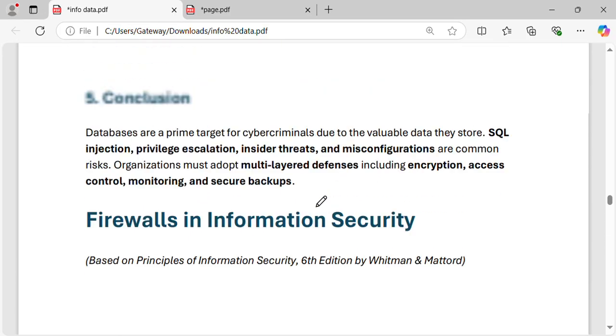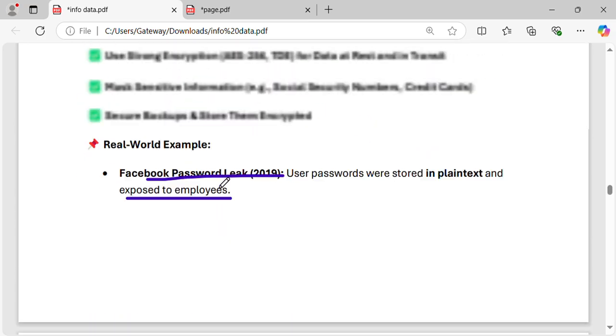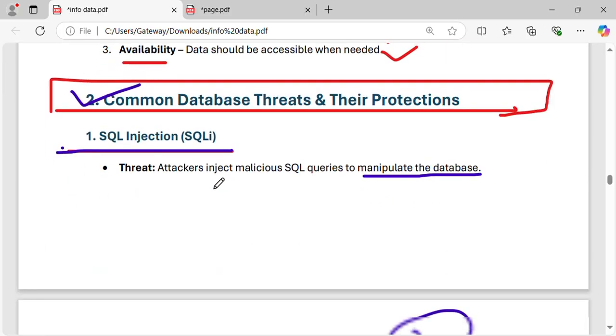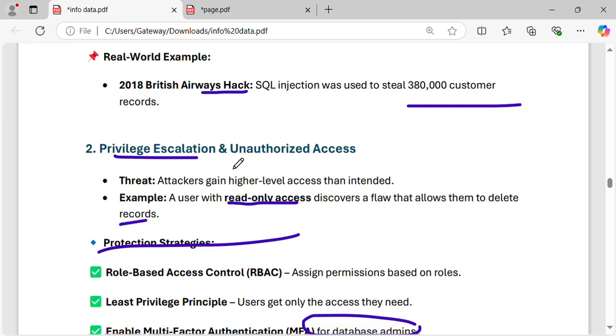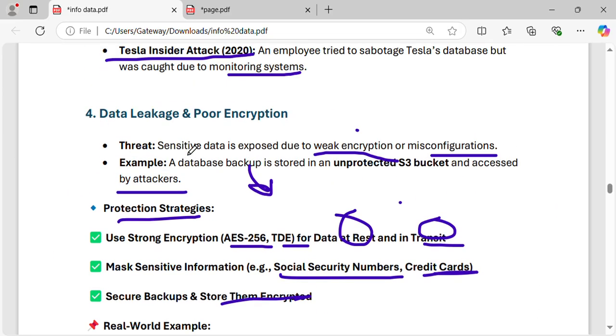Alright, so this was database security, and we have studied the kind of threats that can occur in databases. We have SQL injection, privilege escalation and unauthorized access, insider threats, data leakage, and poor encryption.